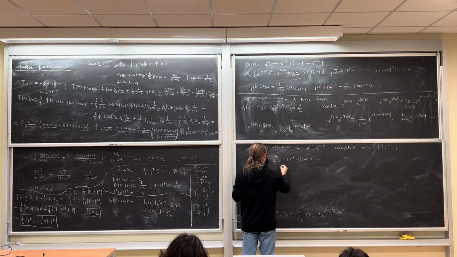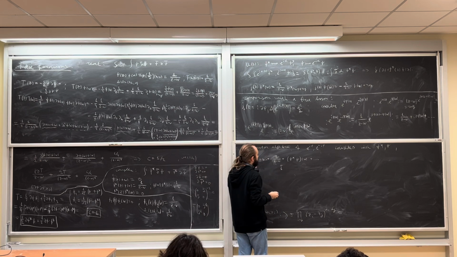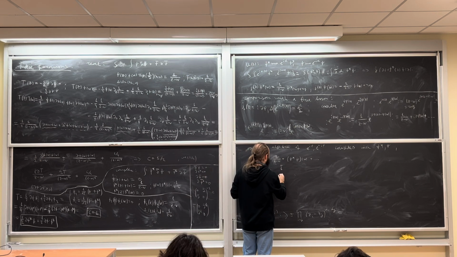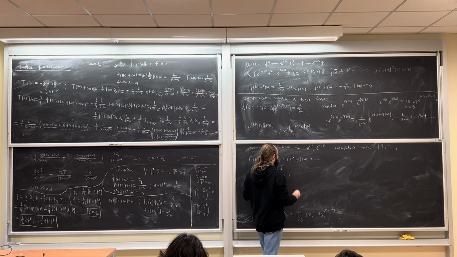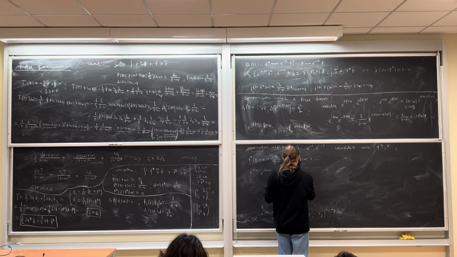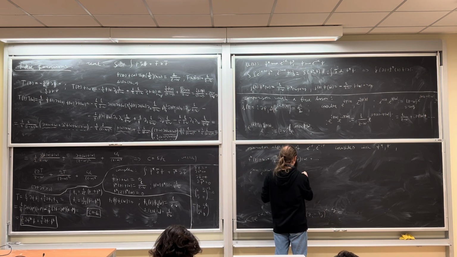And so this maps to this OPE: e to I phi of z e to minus I phi of w equals 1 over z minus w plus I d phi of w.